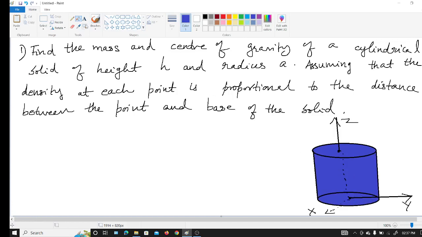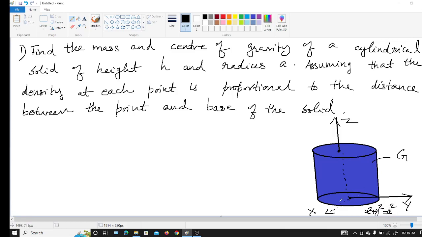This is our solid G. The equation of a circle with radius a and center at the origin is x square plus y square equal to a square.